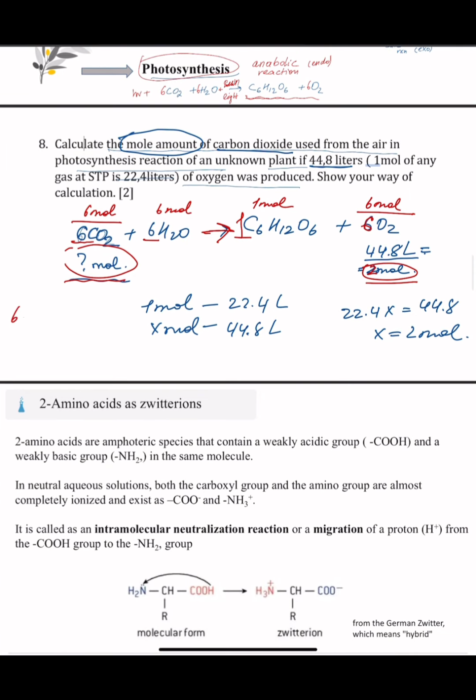So 6 moles of CO2 gives 6 moles of O2, and then x moles of CO2 gives 2 moles of O2.